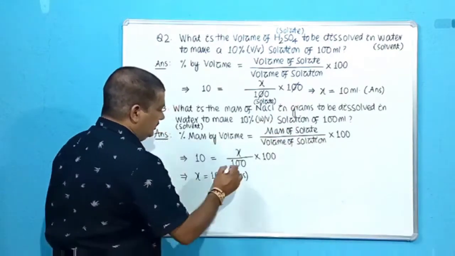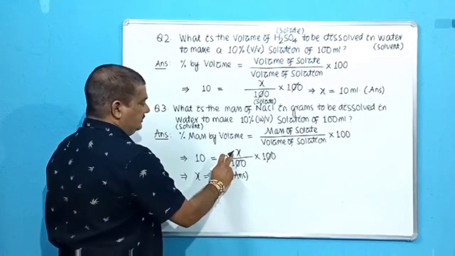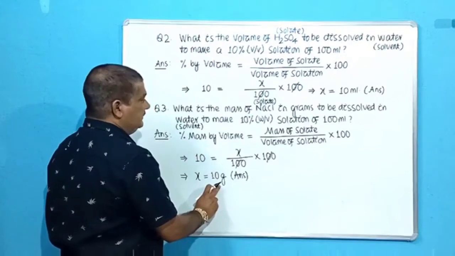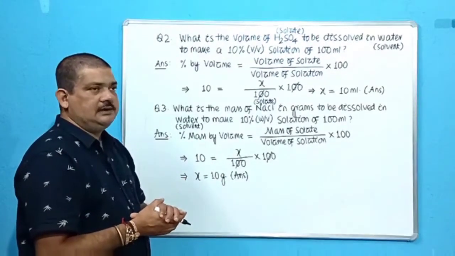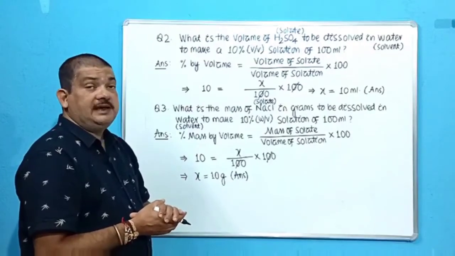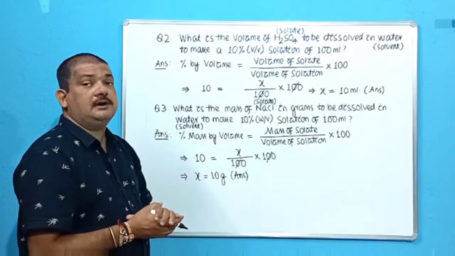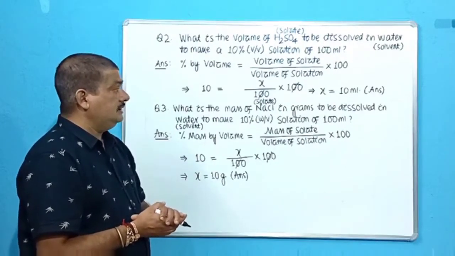Formula is into 100. So 100 will cancel out. X, that means mass of the solute, will be 10. That means mass of the solute is 10 grams. That means 10 gram of sodium chloride has to be dissolved in water to make a 10% W by V solution of 100 milliliter. So this is how you have to solve the numericals.